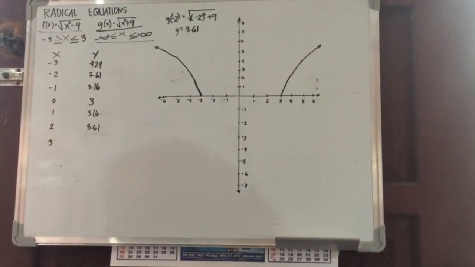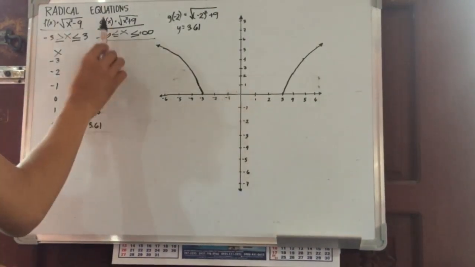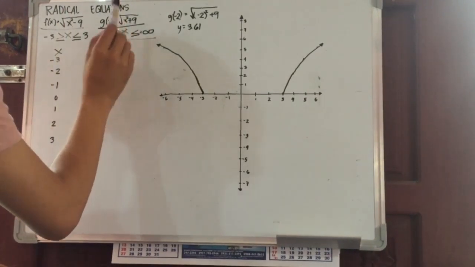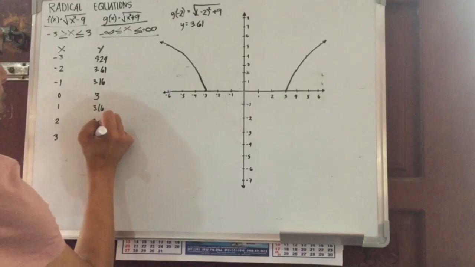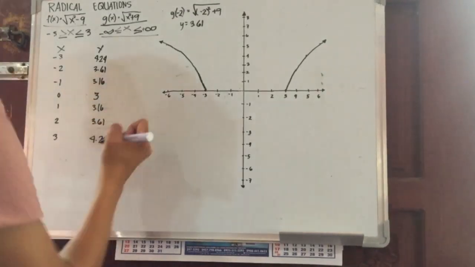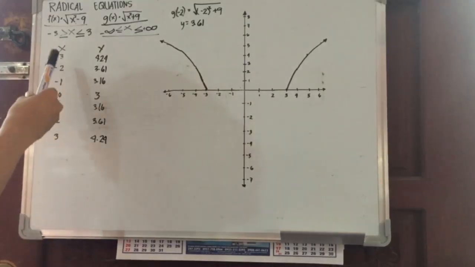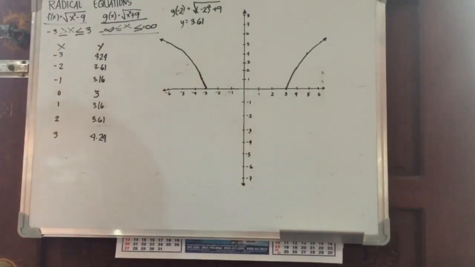Our last one is positive 3. g of positive 3 is equal to the square root of 3 squared plus 9, which is equal to 4.24. So we already have our ordered pairs for the values of x and y.